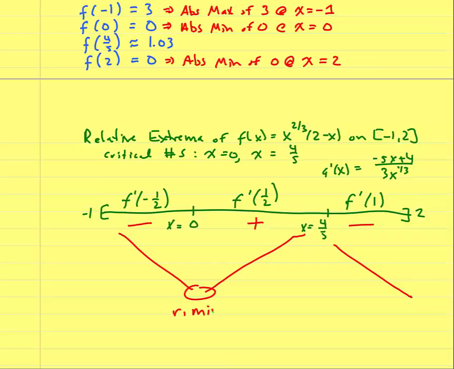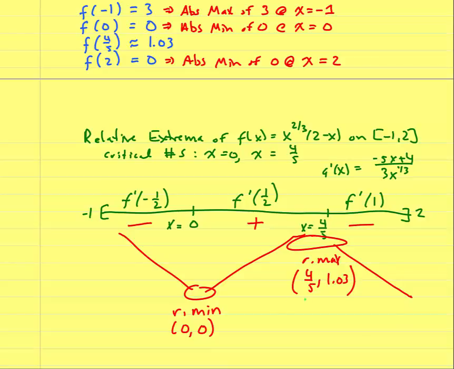So this is my relative min, this is my relative max. So I have a relative min at 0, and if I plug that back into my original, I get 0. And I have a relative max at 4/5 and approximately 1.03.